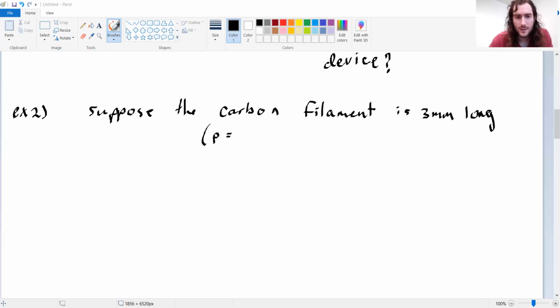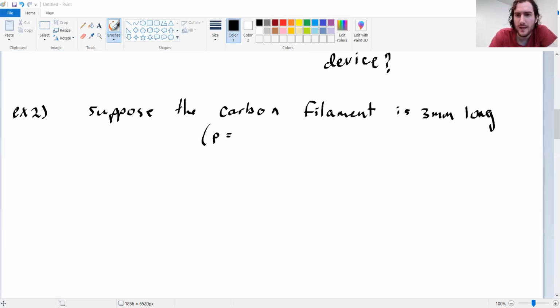Unless somebody remembers the value that I wrote down for graphite, we can just use that value for carbon. Although a filament is not the same as graphite, that would still be a decent approximation. It wouldn't be exact.